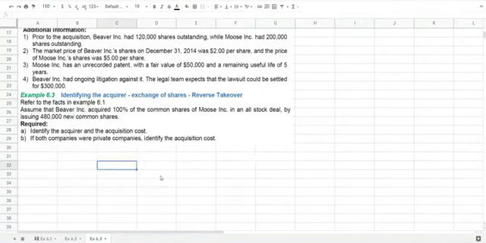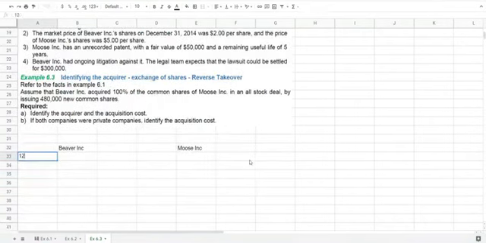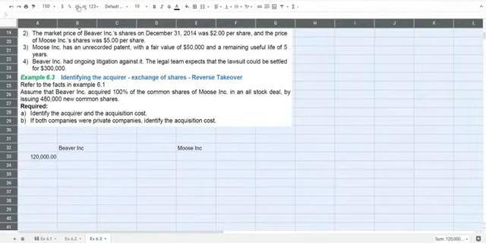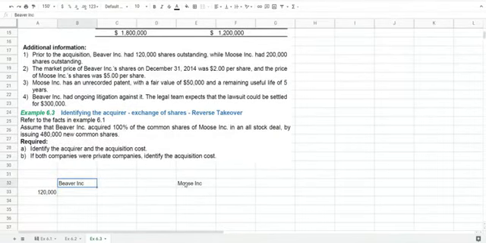Okay, so you have Beaver Inc. and Moose Inc. Beaver Inc. has 120,000 shares, which are owned by shareholders of Beaver.